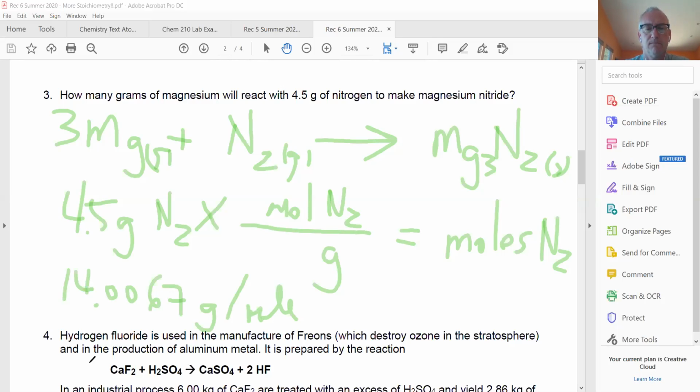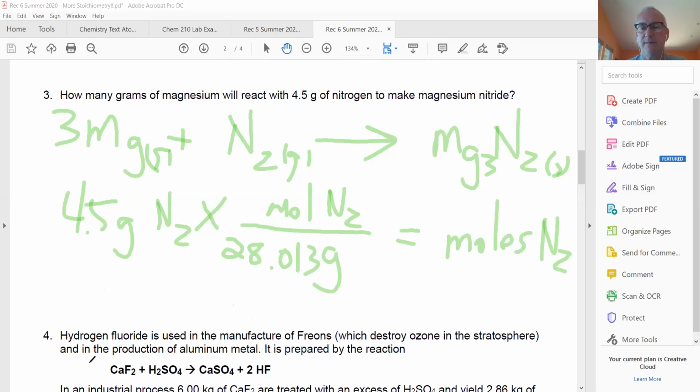No, you have to add one more since it's N2. Right, it's N2, so I need twice as much. So that'd actually be 28.0134. Okay, so that is going to tell me how many moles of N2 I have.